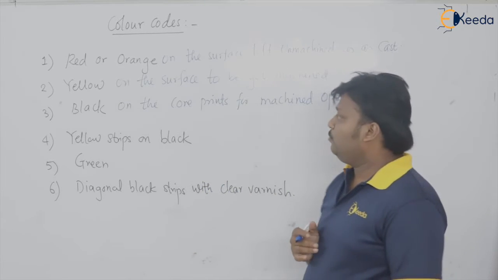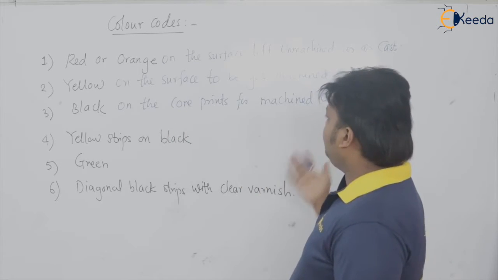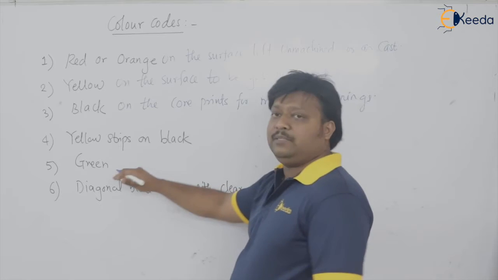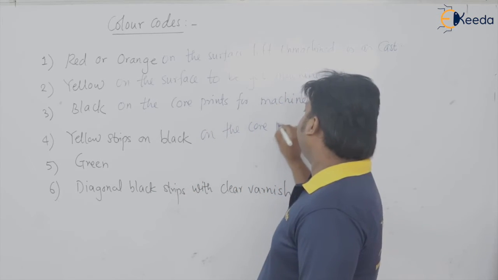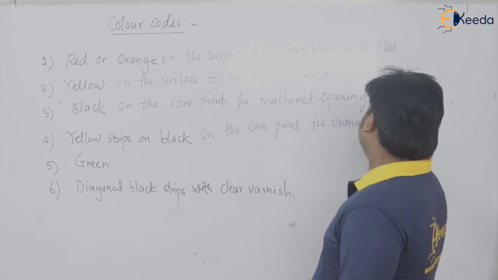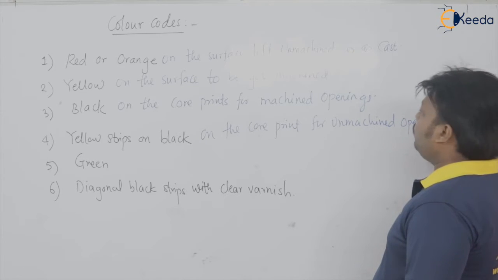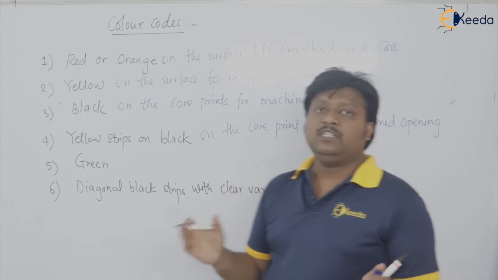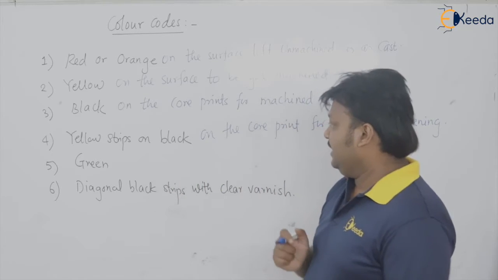You will see what the core prints are. So black color is used on the core prints for the machined opening, whereas the yellow strips on black are on the core print for unmachined opening. Core print is where your core sits. This is known as the core print. We will see it later on.